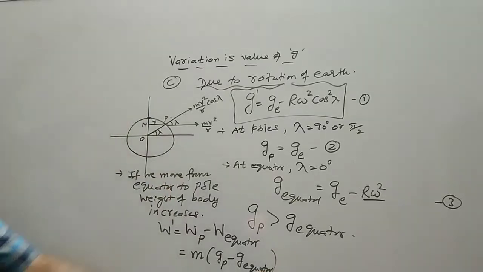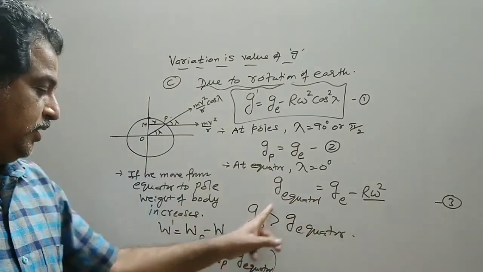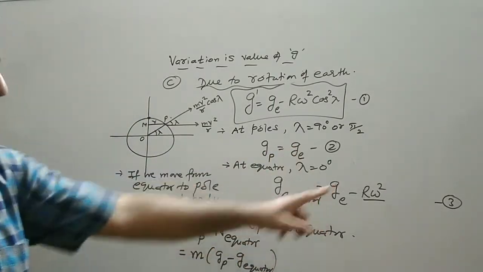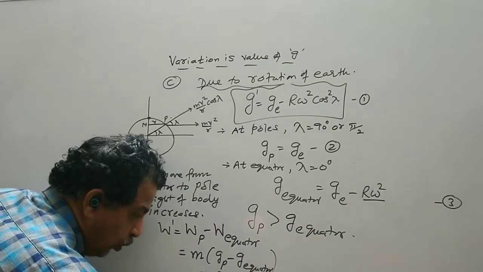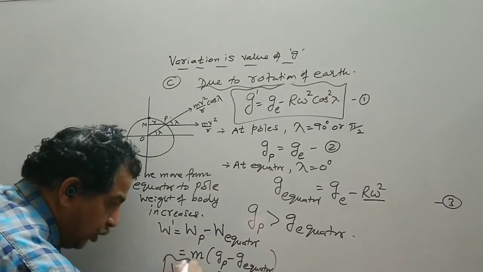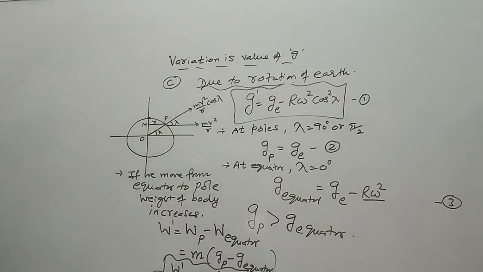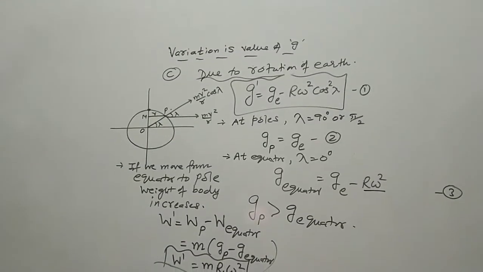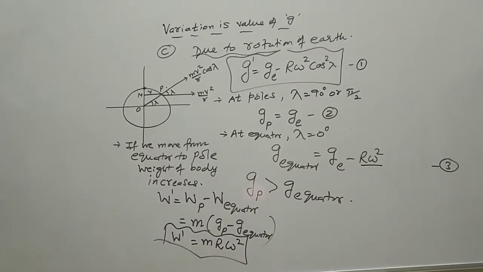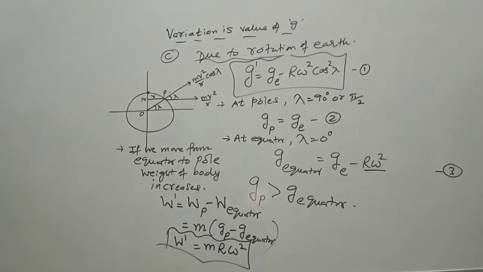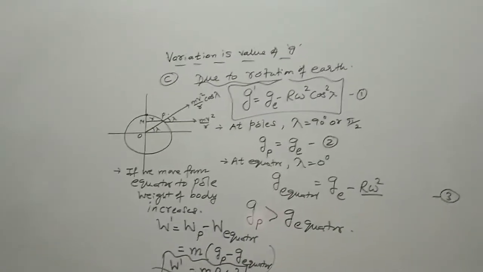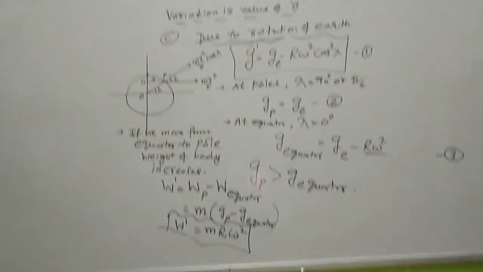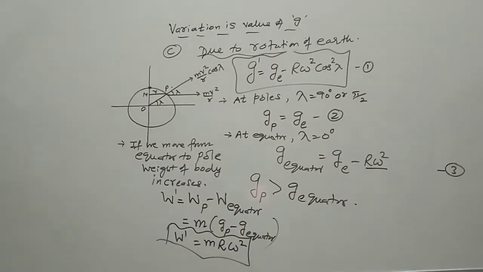If you substitute these two values, g_e is cancelled, so you will get this value as M R omega square. So this is the change in weight, or you can say the increase in the weight if we move from equator to the pole. Similarly, you can find out the decrease in the weight also.